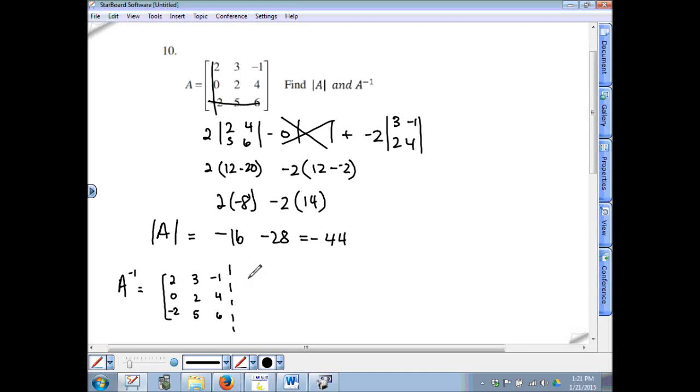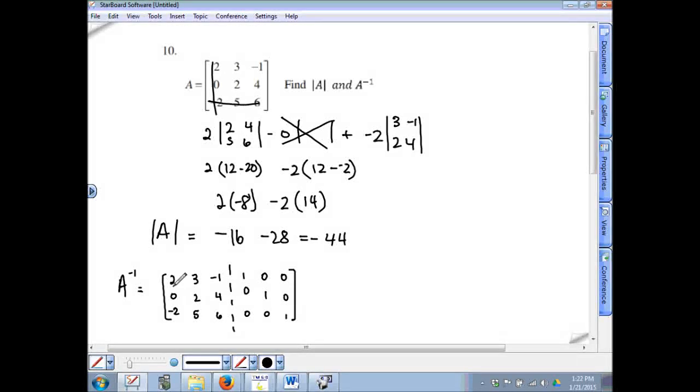You take the original matrix, and set up this. And the point is to make the left side look exactly like the right side. And once you do that, by performing row operations, you're going to be changing this right side into different numbers, whatever those turn into at the end. Once the left side looks like this, that's going to be your inverse.